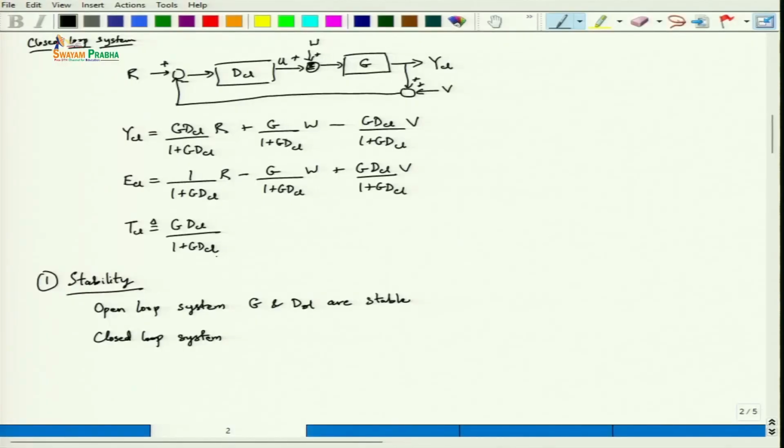So, basically the poles of this system TCL will be given by the roots of 1 plus GDCL. So, we need to ensure that this characteristic equation 1 plus GDCL is equal to 0 has poles in the left half plane, and we will be discussing more about stability in the next class.